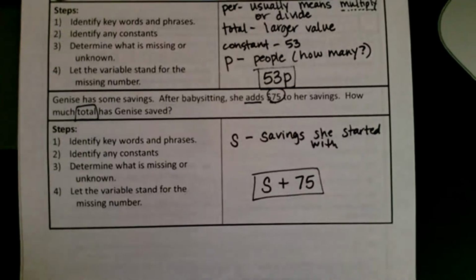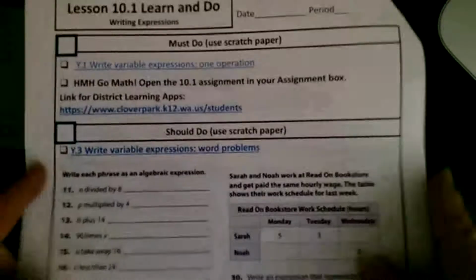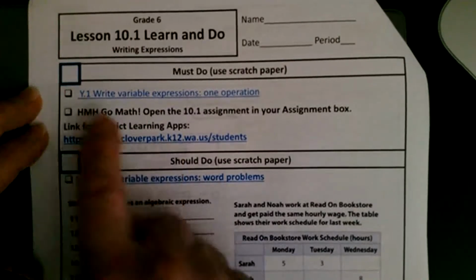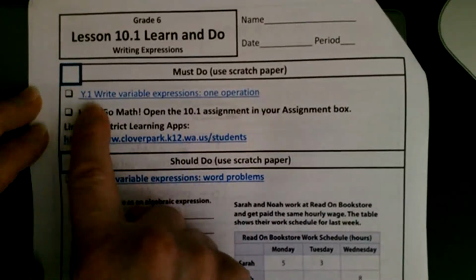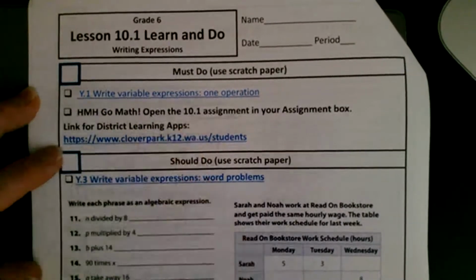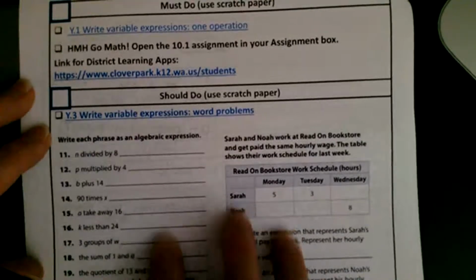Okay, writing expressions. In your learn and do today, it's broken down into must do, should do, and aspire to. These are the two that you must do. You must do IXL Y1, and you must do the HMH for 10.1. Now you should do this IXL and this paper pencil as well.